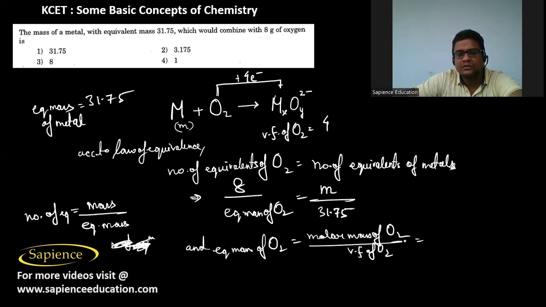Valency factor of oxygen is 4. Now the molar mass of oxygen is 32 gram, divided by the valency factor of oxygen, 4, that is equal to 8 gram.